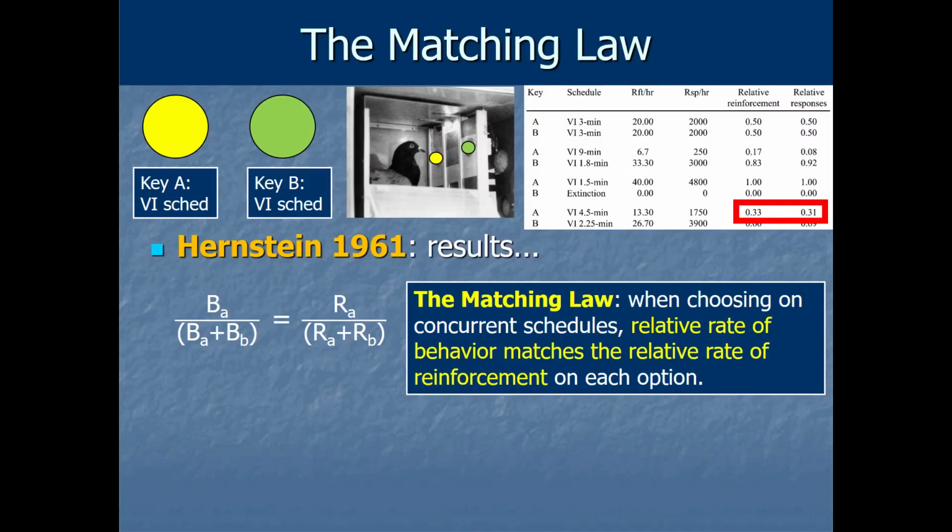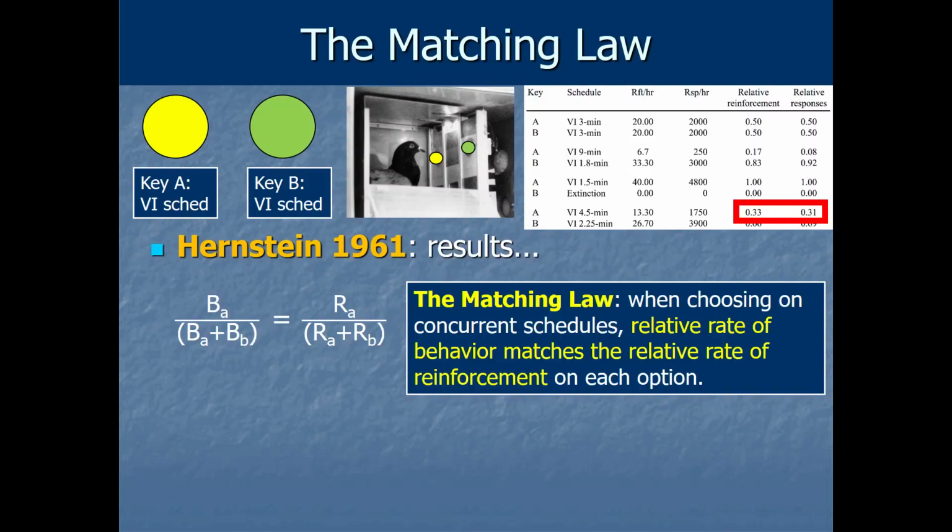Now, it's not always exact, but across a wide variety of circumstances, when any individual is choosing on concurrent schedules like this, what we find, what Herrnstein found and what replication studies since then have found is the relative rate of behavior will match the relative rate of reinforcement on each option. He called this the matching law.